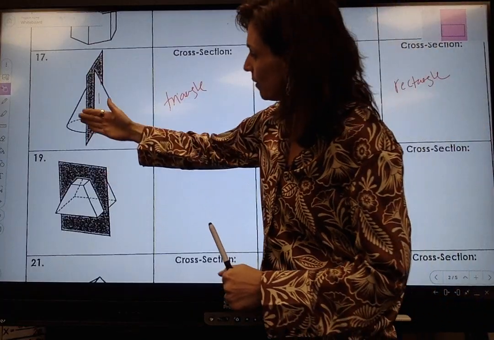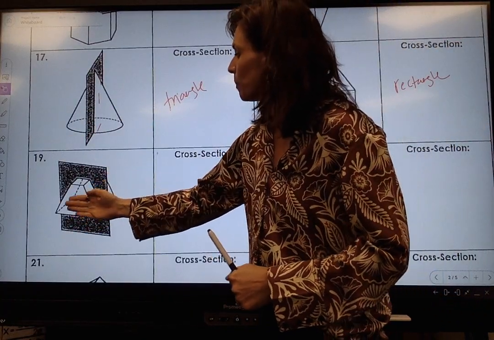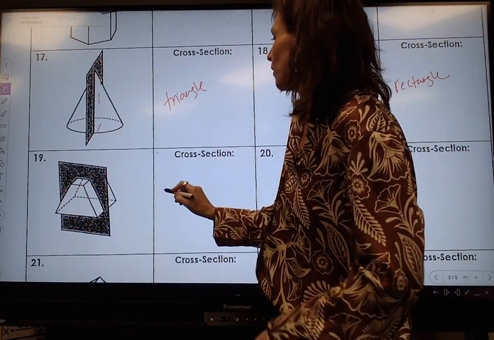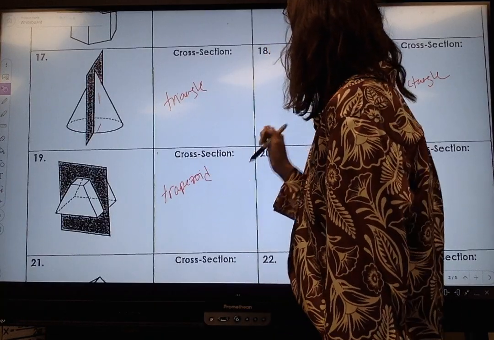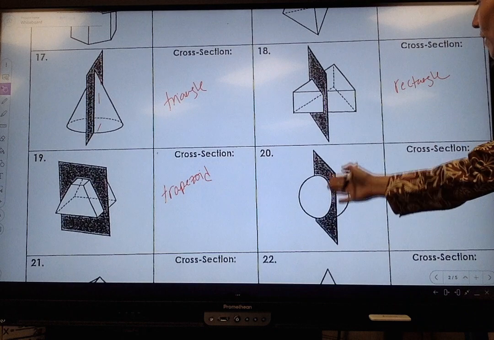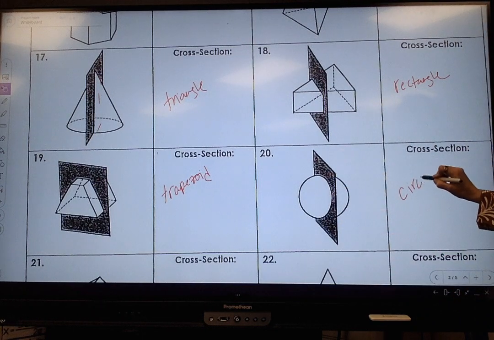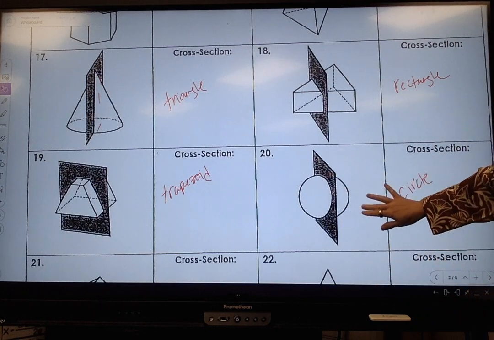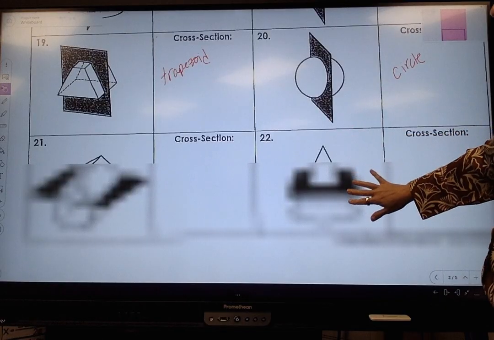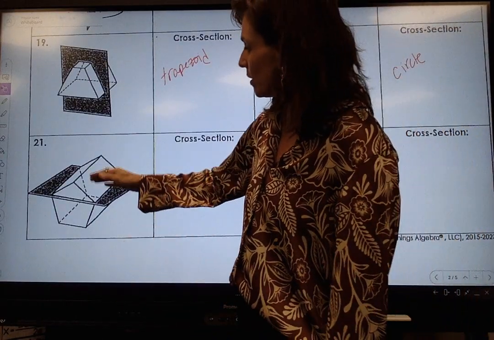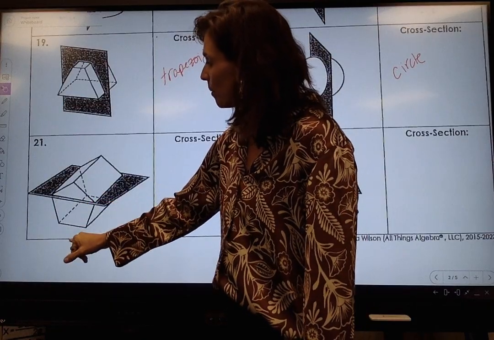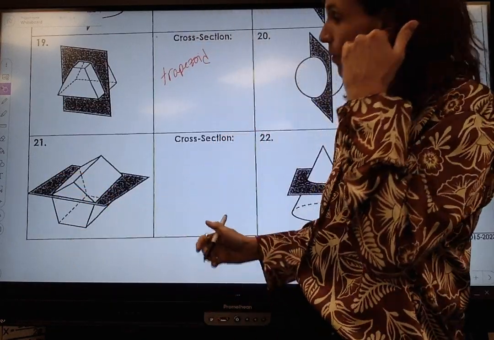And number 19, if you split it this way, it's parallel to this figure up here, which is a trapezoid. Number 20 is going to be a circle. Right? Number 21, look at the figure that's opposite. So on 21, it's going to be a rectangle.